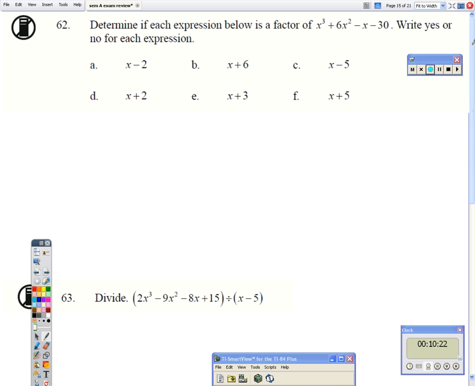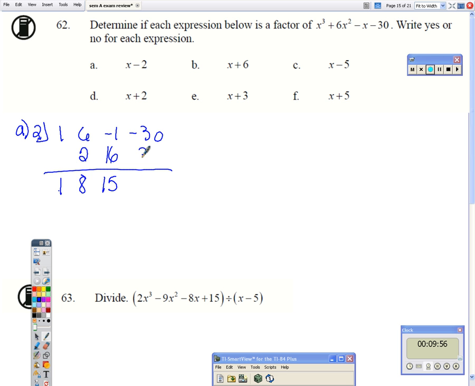Okay. Is each expression below a factor? It's a non-calculator problem. So what I'm going to use is synthetic division to see if I get no remainder. Bring down the 1. 1 times 2 and add. 8 times 2 and add. 15 times 2.